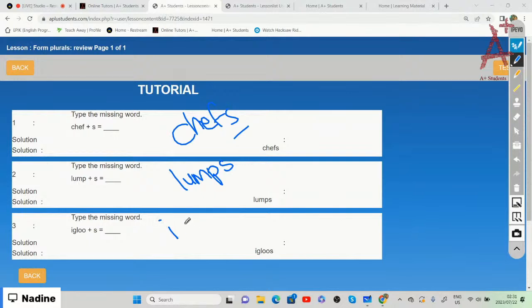Just add an S basically. So igloo, igloos.